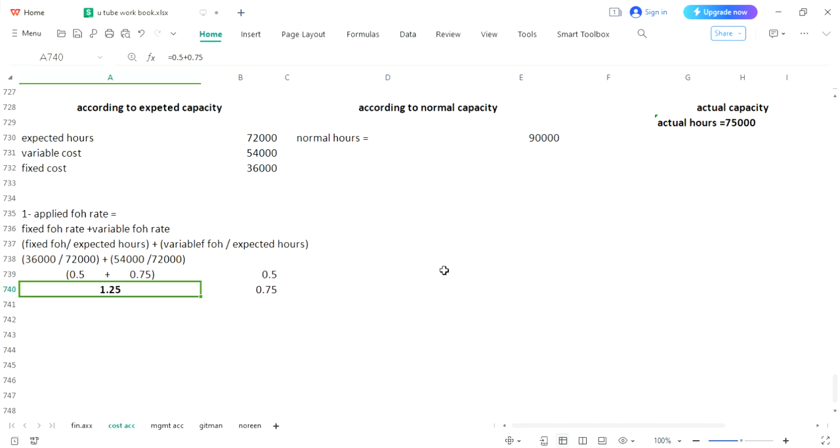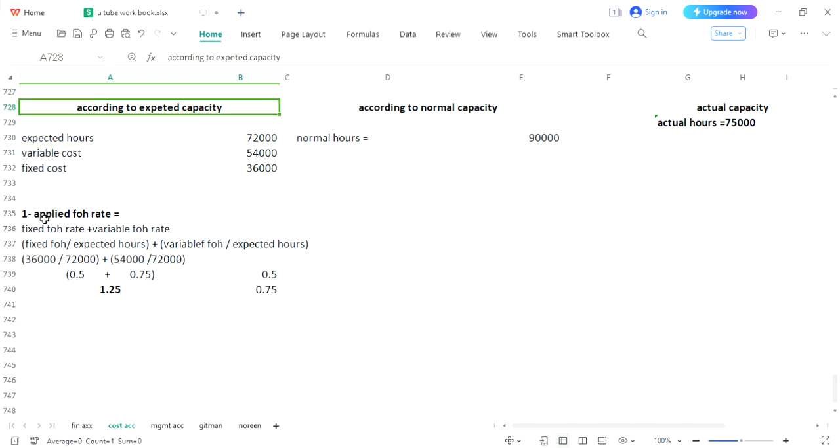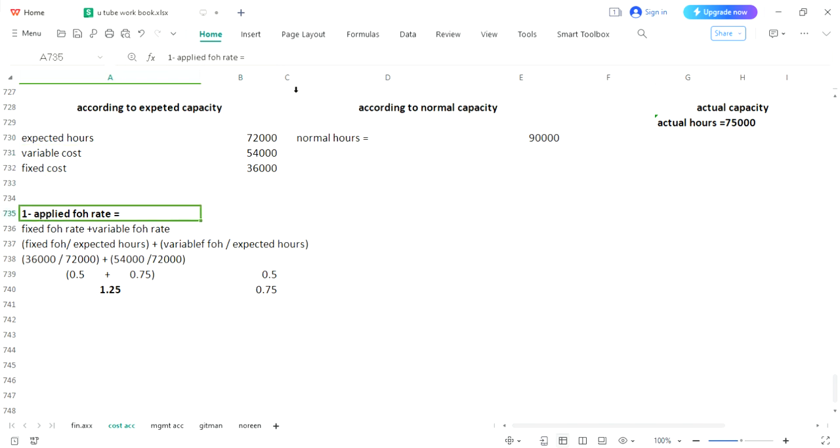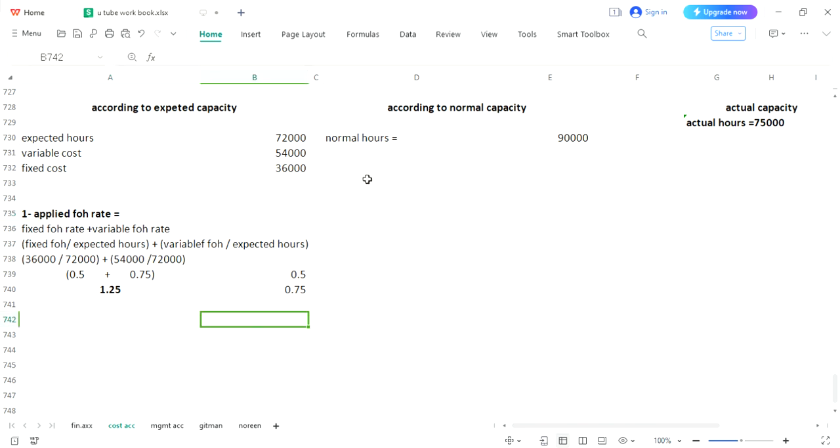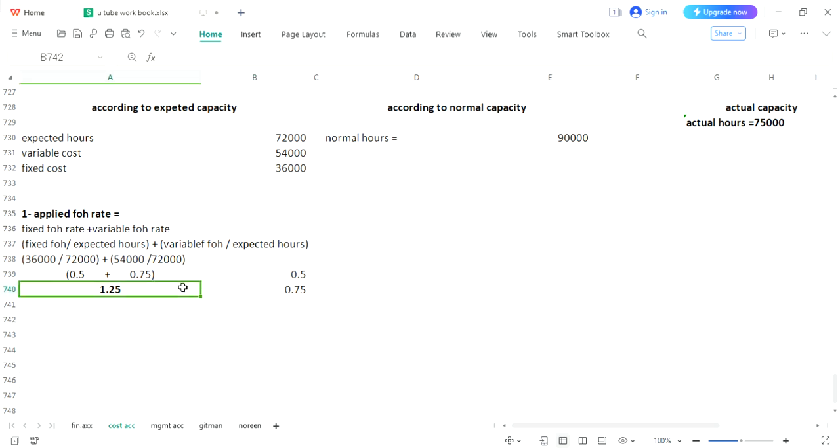Calculations completed. One rate has been calculated. Now please write it down. First is applied FH rate based upon expected capacity. This has been completed in this way, and we are creating a little more space over here. Second requirement, but let's check the answer. Our answer for expected capacity is 1.25.